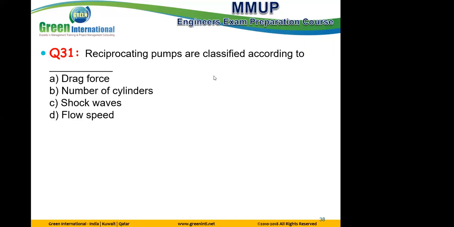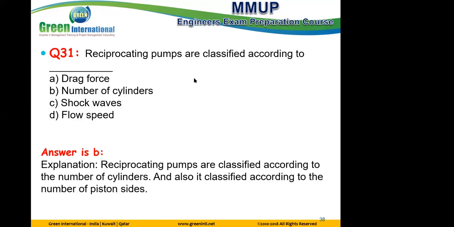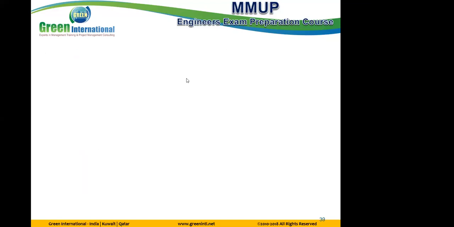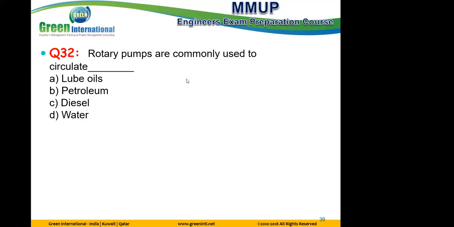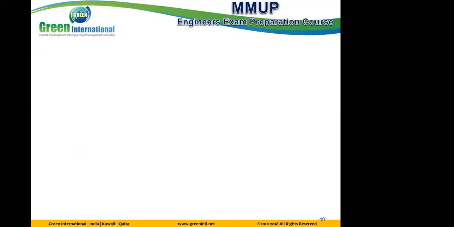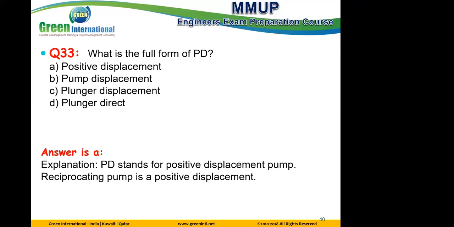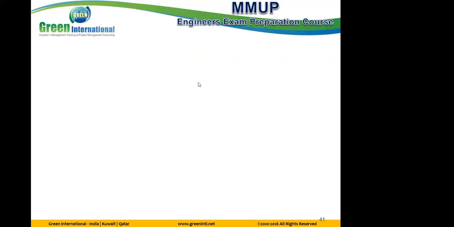Reciprocating, yes. B. Number of cylinders. Which one? D. A. Lube oils. Correct. Device. Positive displacement.